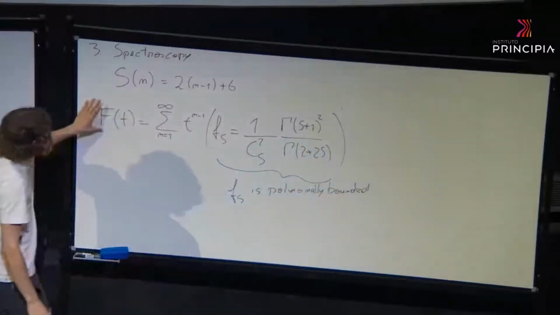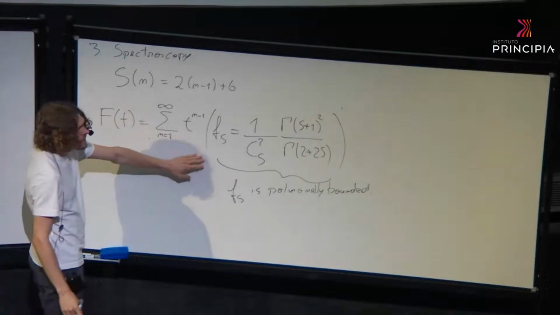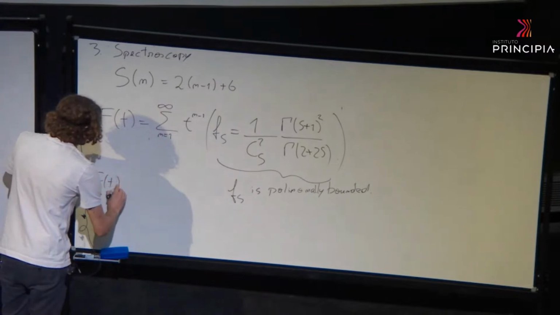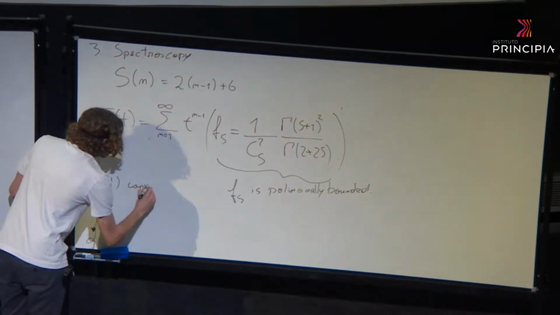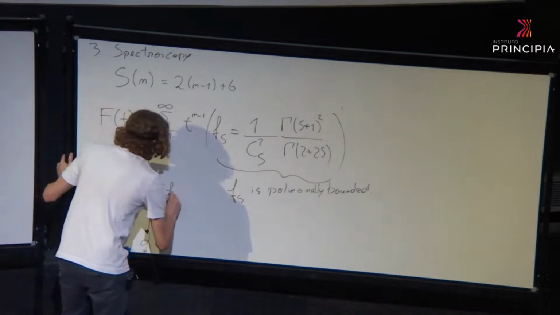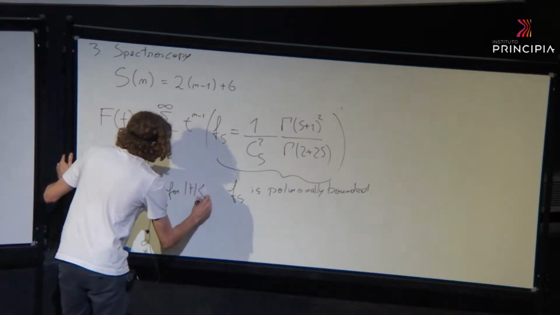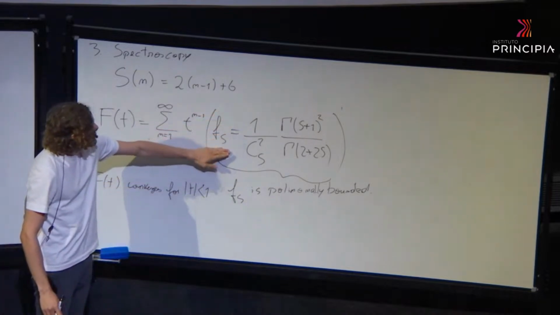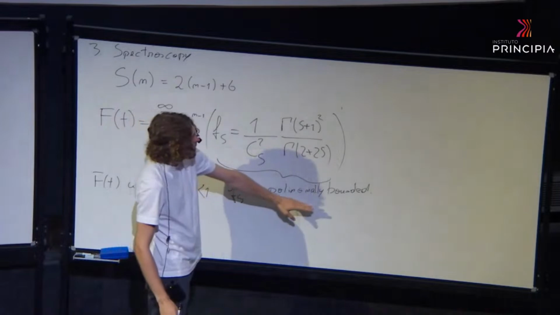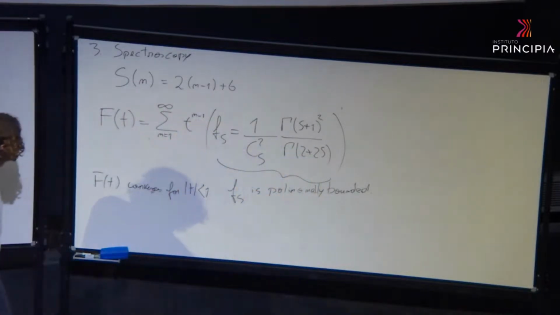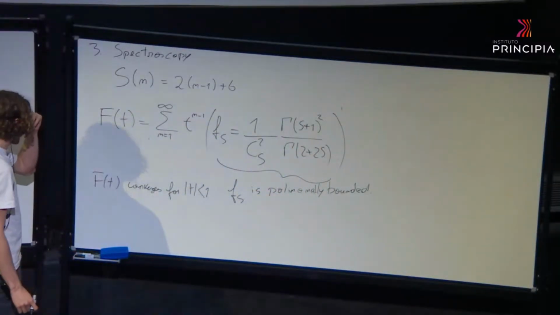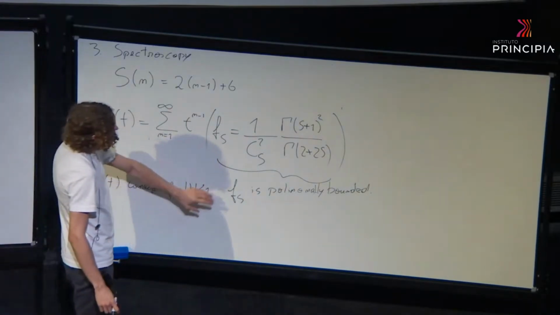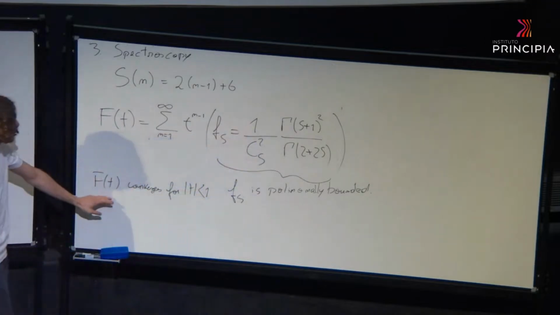It means that this power series now has finite radius of convergence. This means that f of t converges for t in the unit disk. You can see that from a ratio test, because the ratio of the f's will converge to 1 due to polynomial boundedness, while t is smaller than 1. So this is by construction. We chose f of s so that this holds.